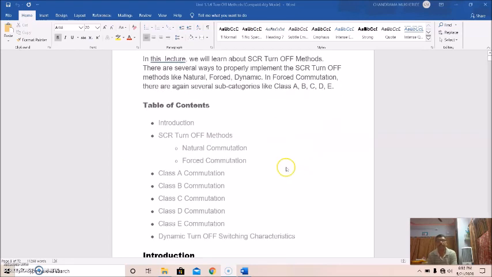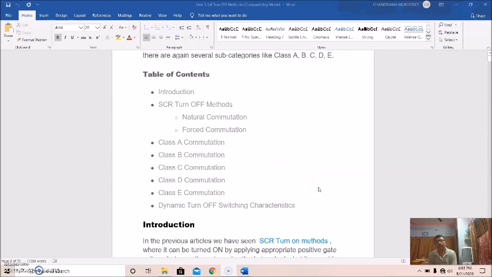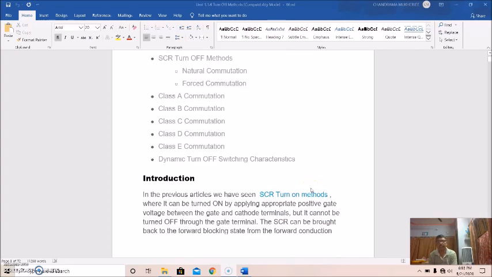Then there are the main turn-off methods: natural commutation, forced commutation, and again forced commutation is, as I told you, class A, class B, class C, class D, and class E commutations, and dynamic turn-off switching characteristics.